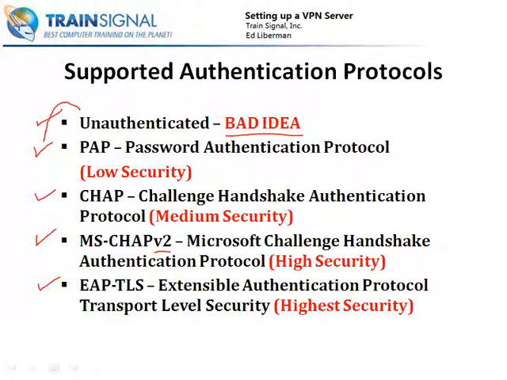Each one of these items is a checkbox, and if you have more than one checked, let's say you had PAP, CHAP, and MS-CHAP v2, all three of those checked, well, what is going to happen is it's going to attempt the most secure environment it can first, and then only if that fails, maybe a client can't support MS-CHAP v2, it'll then go down to the next highest form of authentication, which would then be CHAP. So those are your authentication protocols.